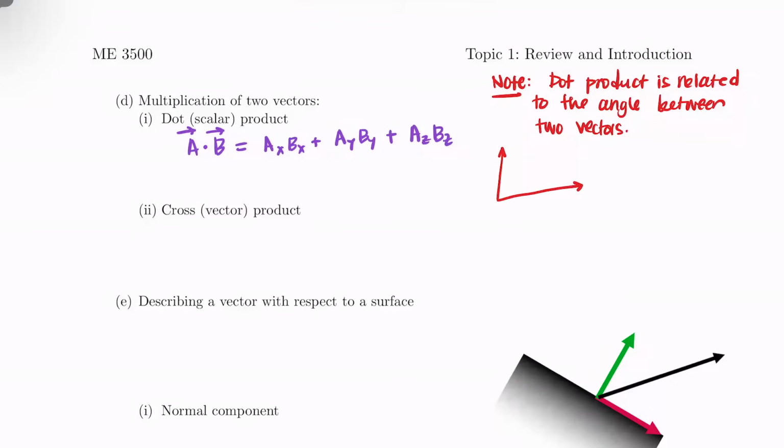If I have my two vectors A and B, and they have an angle theta between them, it turns out that A dot B is equal to the magnitude of A times the magnitude of B times the cosine of theta.